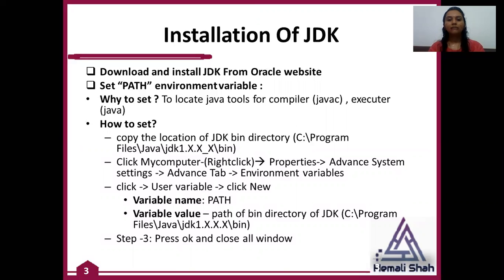In that setting, you will get one text field for variable name and another for variable value. In variable name, we will use the name Path, and in variable value, we will use the location of the JDK bin folder, right? So let's start how to set this path environment variable in your computer to execute your Java program.